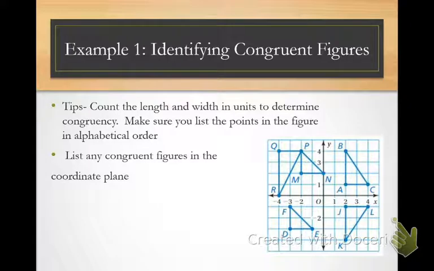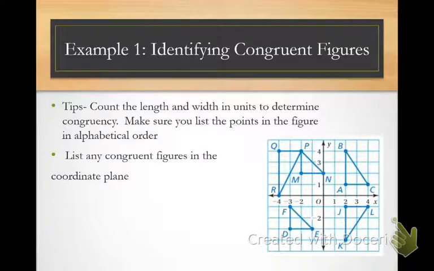We have a triangle P, Q, R. We've got M, N, P. We have D, E, F. And then we have the 2 on the right side. So we have 1, 2, 3, 4, 5 triangles in this graph.